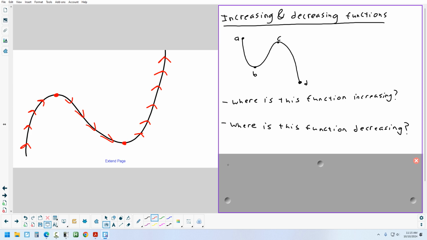B to C. And we usually use an open interval to describe this because right at the B, it's not increasing or decreasing. It's flat. Think like if you poured water in there. At B, the water would be perfectly flat. Right? And same with C. If you were standing on the top of the hill at C, it wouldn't feel like you're going up or down. It's flat. How about where is that function decreasing?